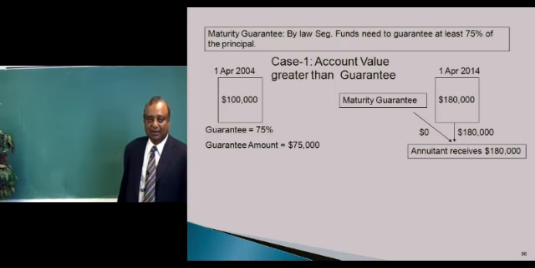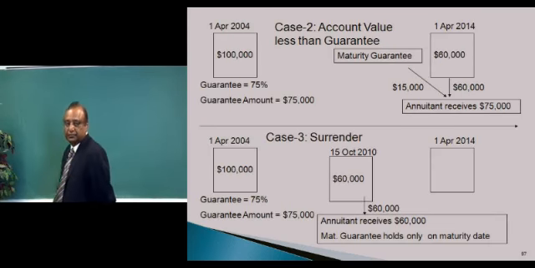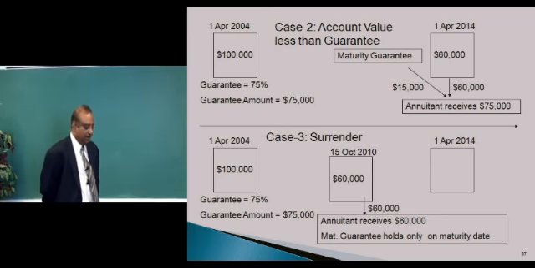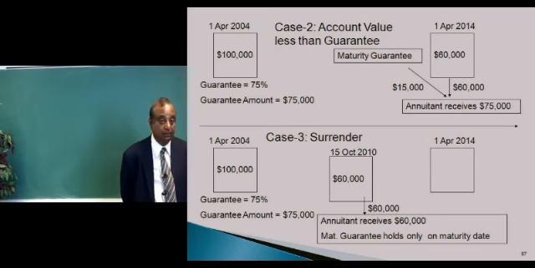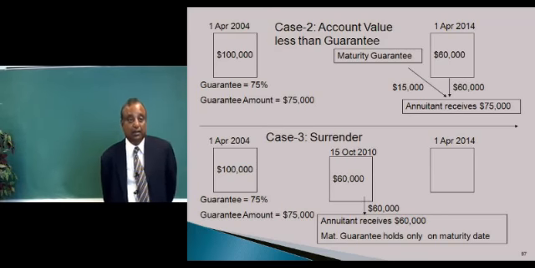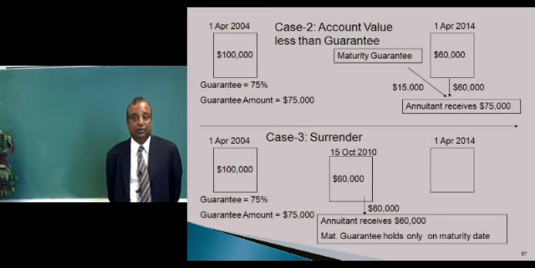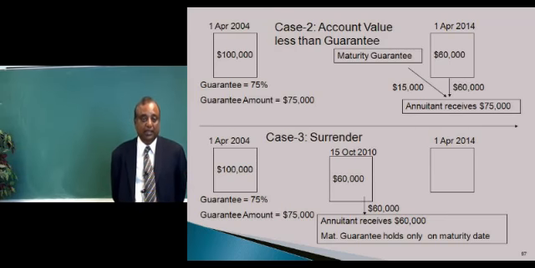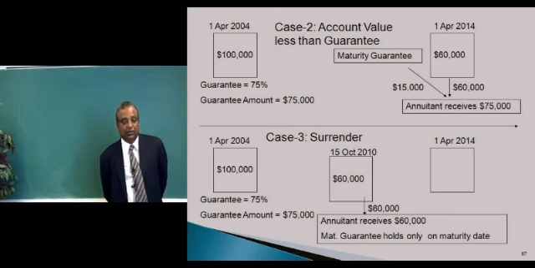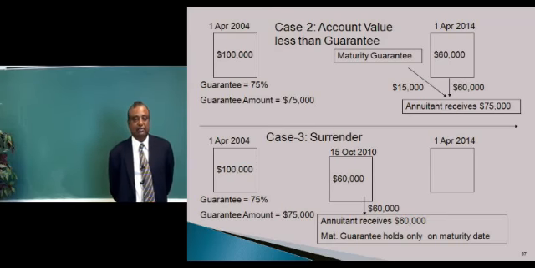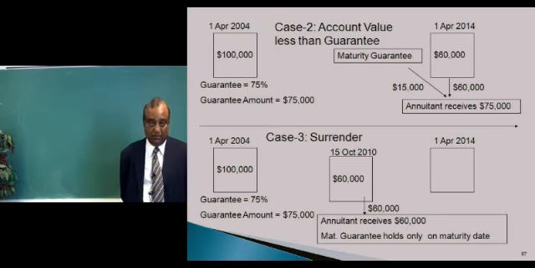Case 3, let us look at surrender. Surrender means giving up the contract before the maturity. Let us say on 15th October 2010, the value in the account is $60,000, and the owner decides to surrender the contract. If he surrenders the contract on 15th October 2010, he will receive whatever is in the account.